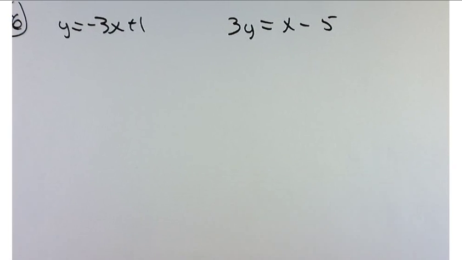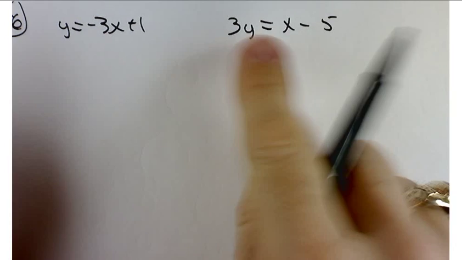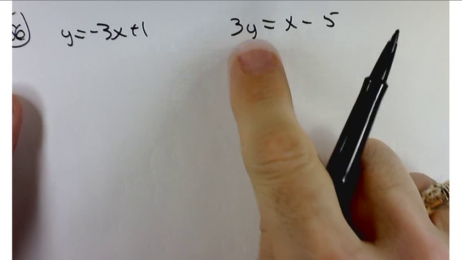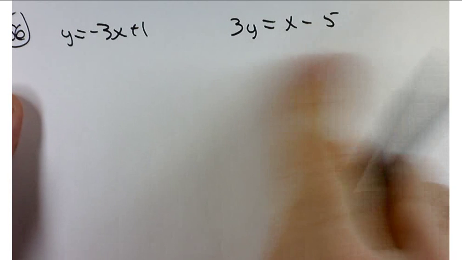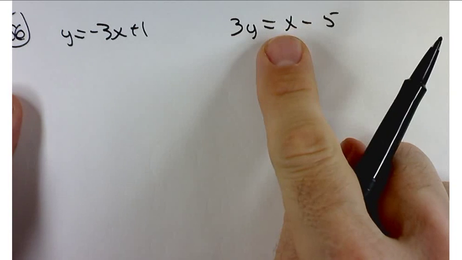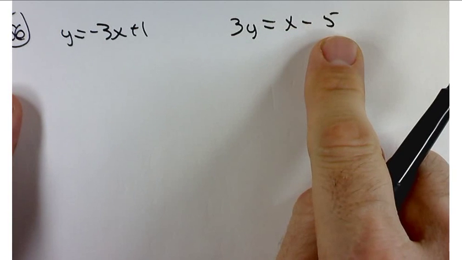Ted, this is bringing me to a question I promised I'd answer to you on the board. Is this in slope-intercept form? Right here? Can I look at that and say, all right, the slope is 1, the y-intercept is -5? Got to have y by itself first, right?